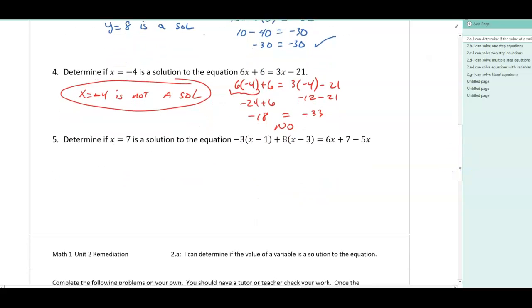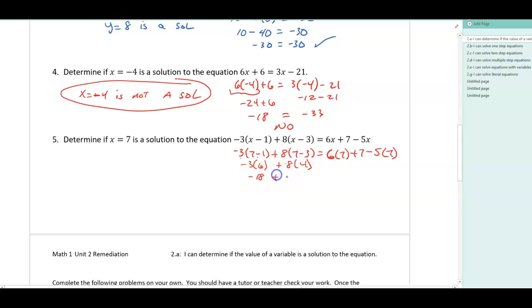And now when I look at the next one, is x equals 7 a solution to this? Now, there are two ways. We can do this by hand. So I can go negative 3 times 7 minus 1 plus 8 times 7 minus 3 equals 6 times 7 plus 7 minus 5 times 7. So this gives me negative 3 times 6 plus 8 times 4.